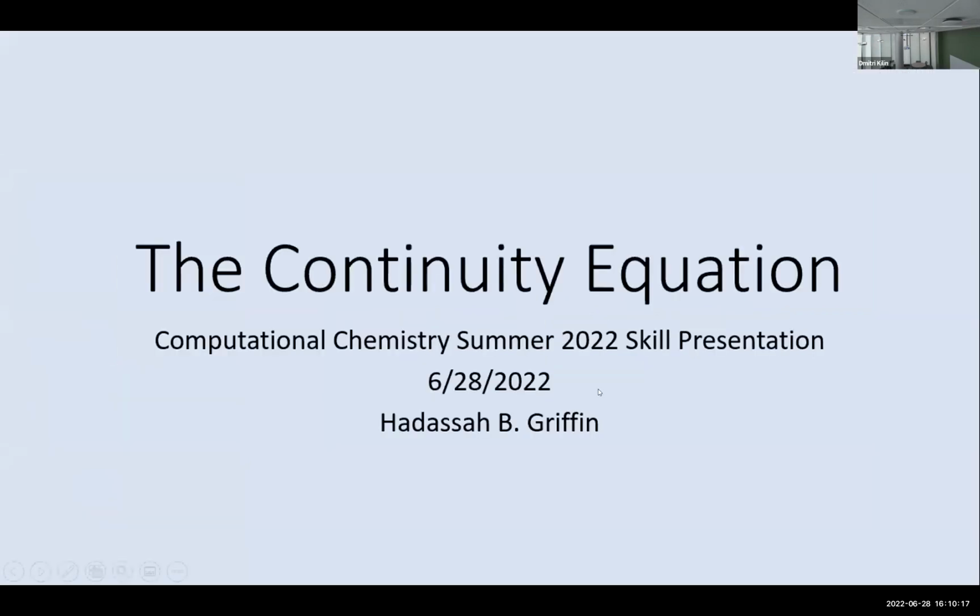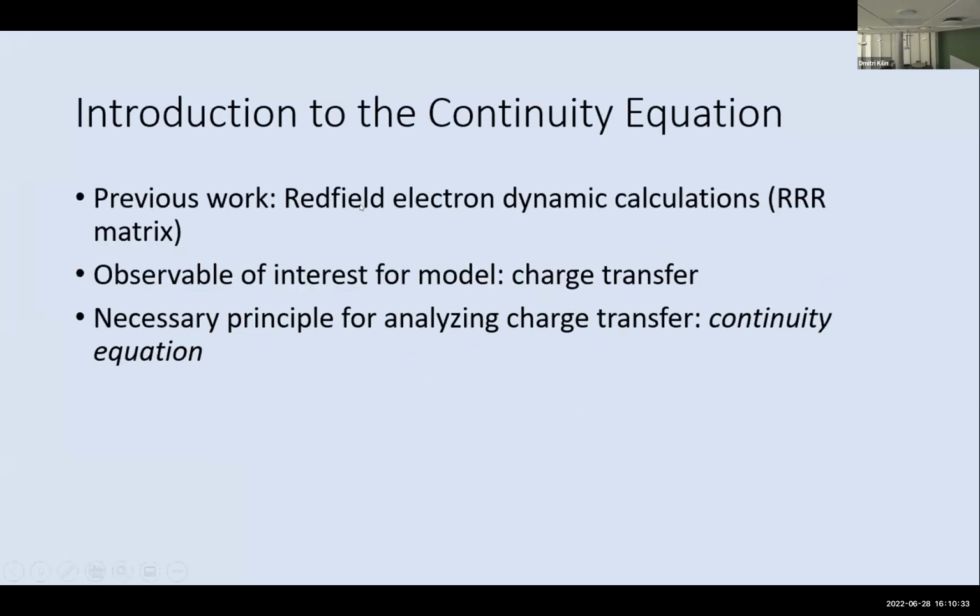Okay. So, like Dr. Glean said, we'll be looking at the observables of photoluminescence and charge transfer today, starting with charge transfer. One important physics concept related to that is the continuity equation. For a little context of where we're at, we talked about Redfield electron dynamic calculations last time.